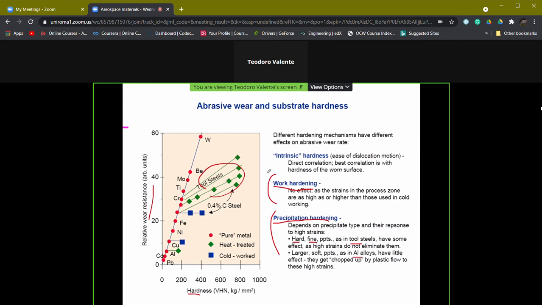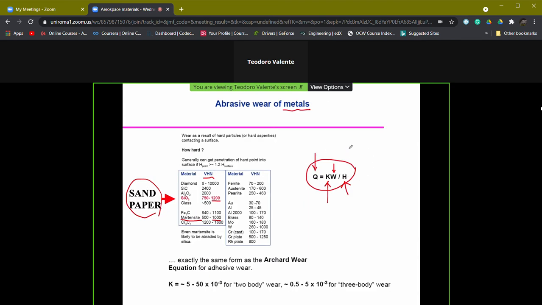So again, even though the equation tells us that we can act on hardness also for abrasive wear by increasing the hardness of the surface itself without adding anything on the surface, usually in order to prevent abrasive wear damage the most selected choice is to use a coating to protect the component that we want to protect.